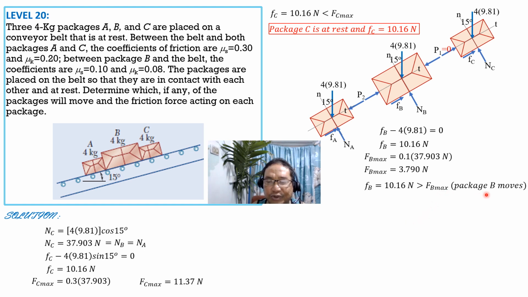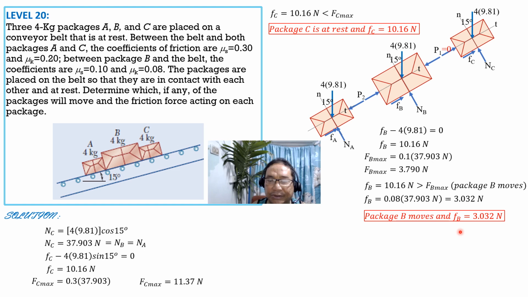So conclusion, package B moves, and because it moves, by principle, the maximum frictional resistance under package B is that of coefficient of kinetic friction times normal at B. So 0.08 times 37.903 newtons equals 3.032 newtons. So for our answer, package B moves and FB is equal to 3.032 newtons.